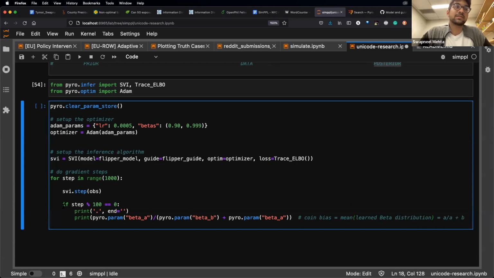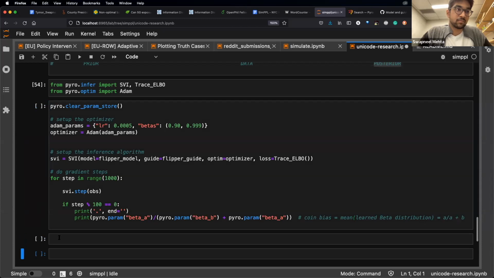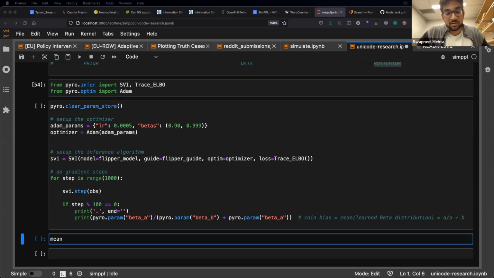So it's the same as saying the mean of the uniform distribution. Is that easier to explain? I think it should be.